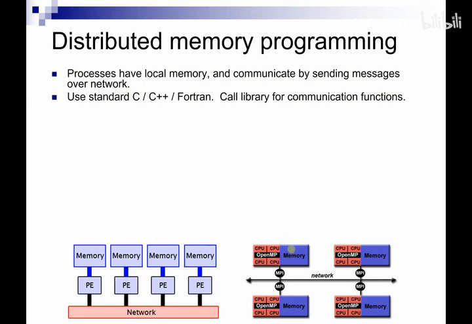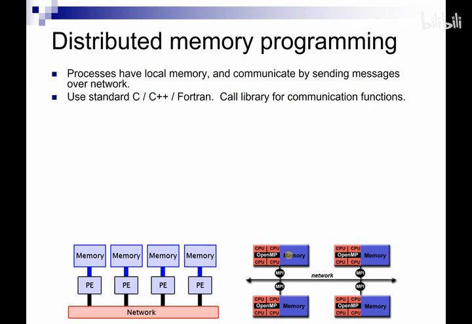However, if a CPU from one node wants to access memory from a different node, then again it needs to send a message over a network. The receiving processor will then fetch that memory and send it back to the first processor.